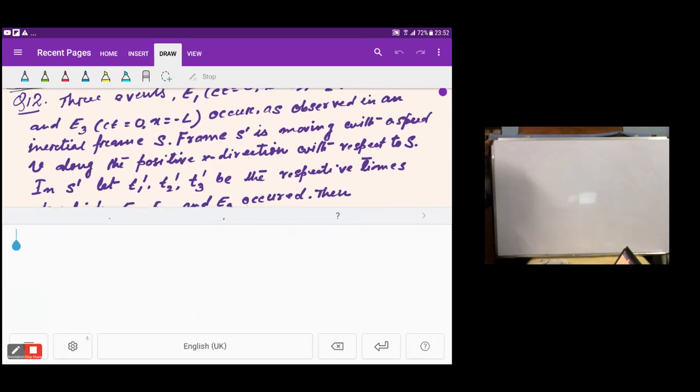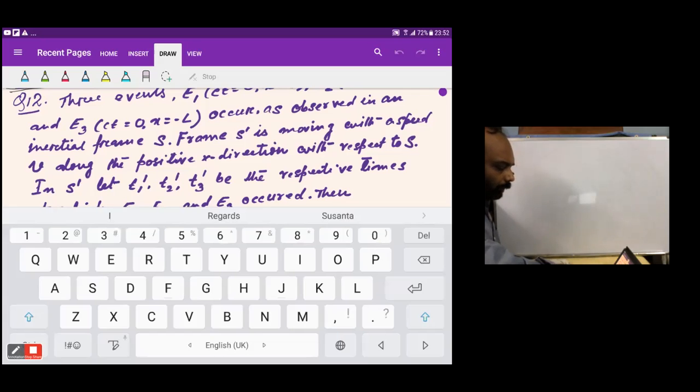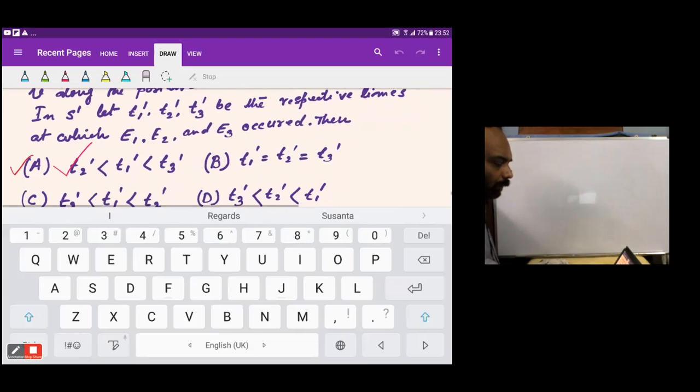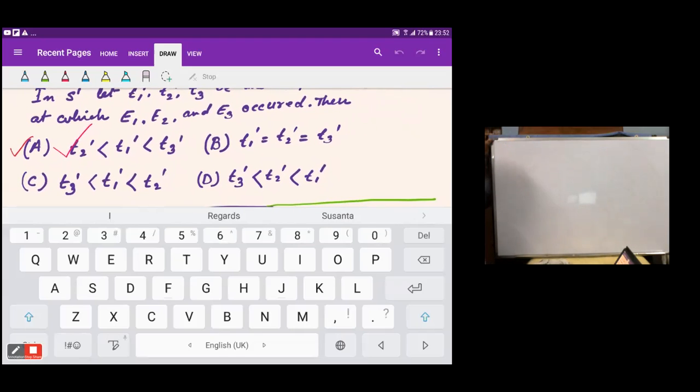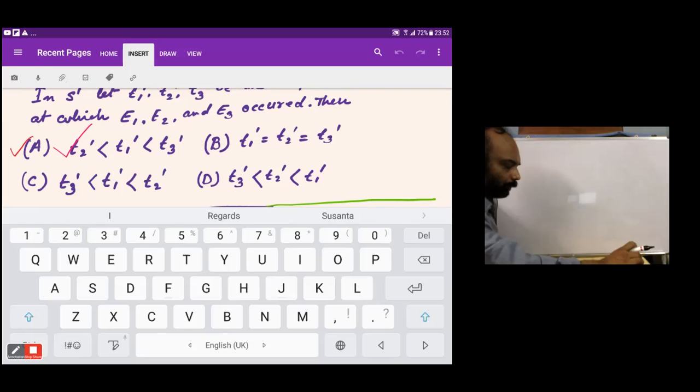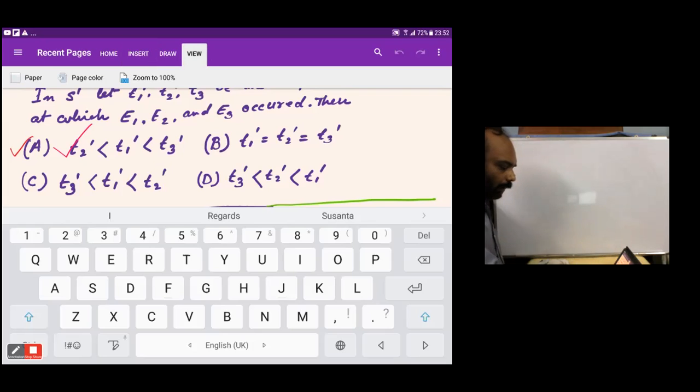Frame S dash is moving with a speed V with respect to S. In S dash, let T1 dash, T2 dash, T3 dash be the respective times at which E1, E2 and E3 occurred. Then we are given four options and which one is correct.